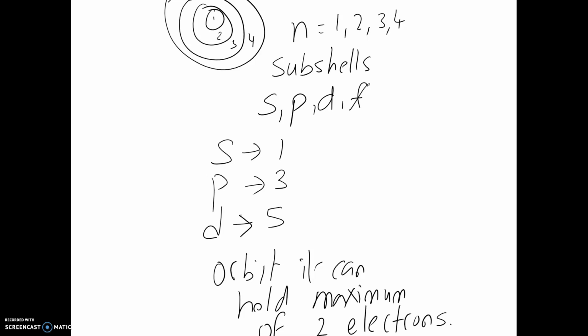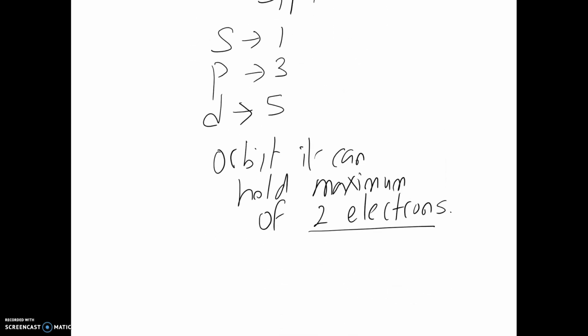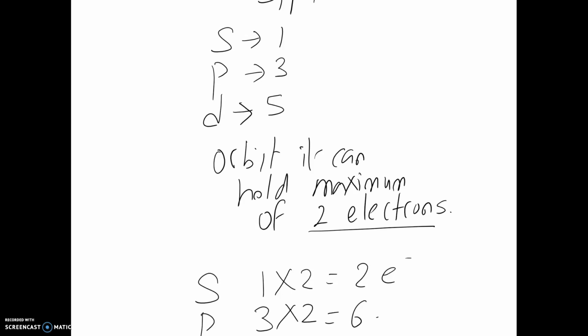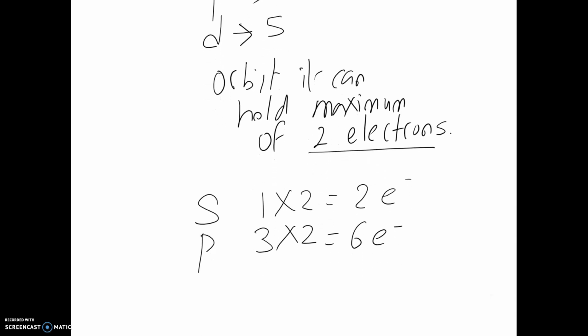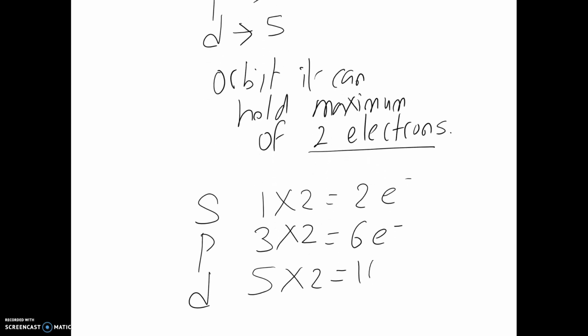That's the key. So we're going to look at how many electrons S, P and D hold. For S, 1 times 2 gives me 2 electrons. P, 3 times 2 gives me 6 electrons. And D, 5 times 2 gives me 10 electrons.